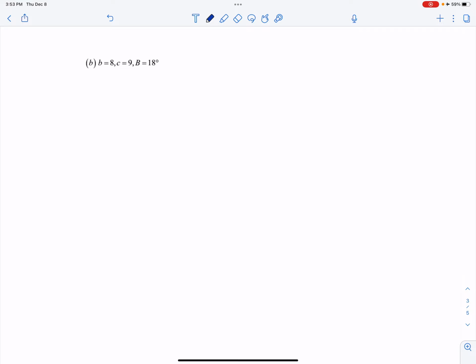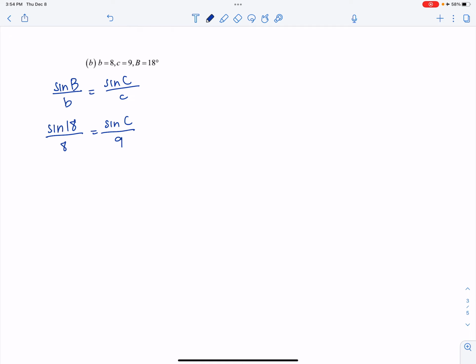Let's do sine B over B is sine C over C. Again, I'm choosing these because I'm given side B and angle B and side C. So all we're missing in this case is angle C. We have sine 18 over 8 equals sine of missing angle C over 9.